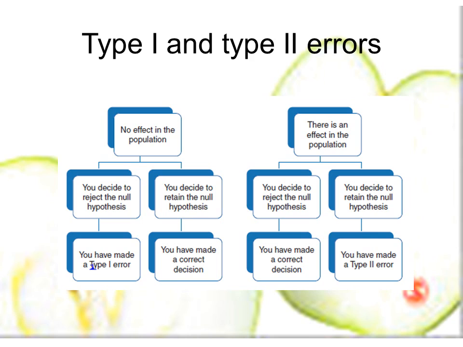But if you decide to keep the null hypothesis, meaning there is no difference, you've made a mistake. You've made type number 2 error, which you're saying that there is not an effect in the population.